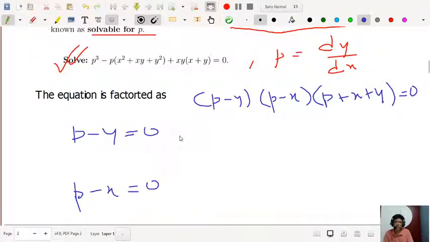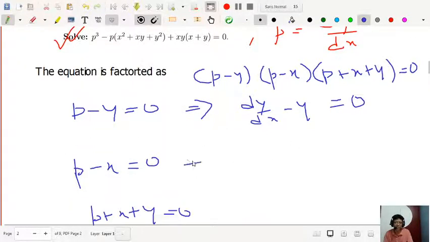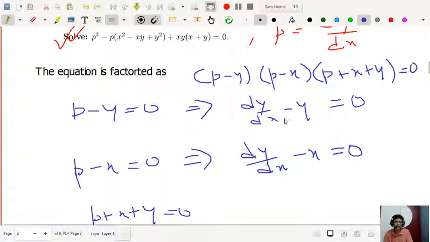And so this yields, p is your dy/dx. So each of the factors will give a linear differential equation. If you write dy/dx minus y equal to 0, you can integrate this, and your general solution will be, in this case, y minus c e to the power x equal to 0. This is the general solution.